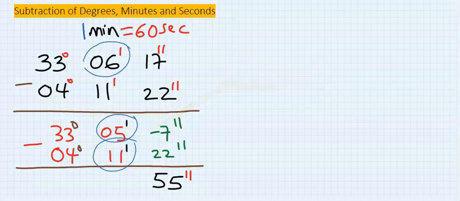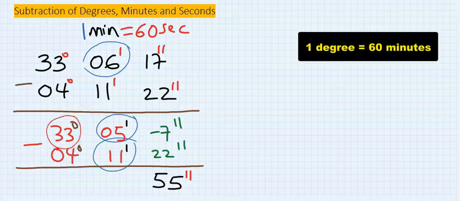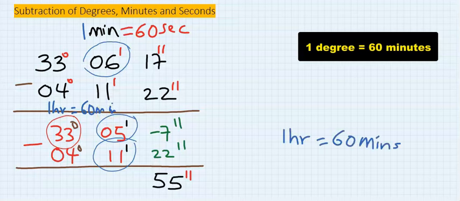Now we have a new problem. Hence, I'm going to borrow 1 hour from here. 1 hour, and this 1 hour is 60 minutes. This 1 hour is equivalent to 1 degree.